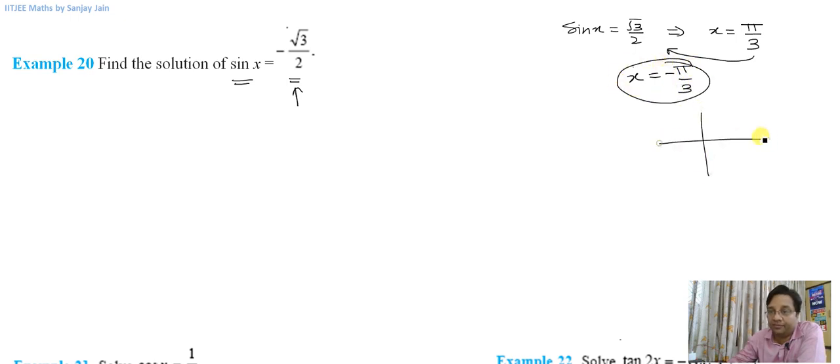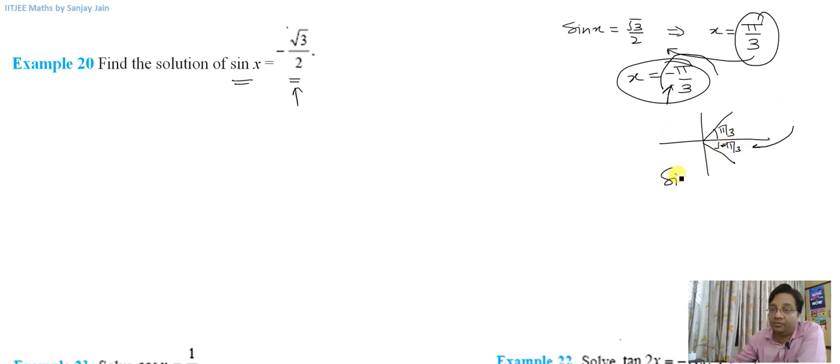So sine, if I got this pi by 3 here, then at minus pi by 3 it will give me negative value, right? So if there is negative value given for sine and I know the angle in first quadrant corresponding to its positive value, I can simply place minus theta, right?